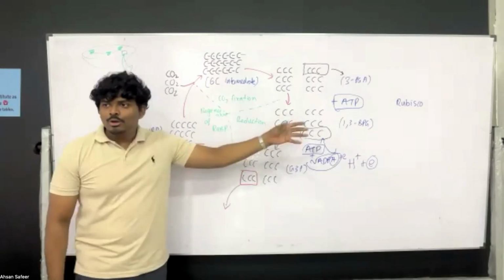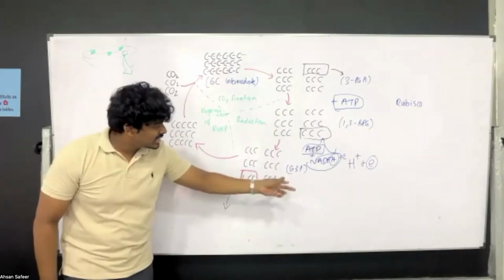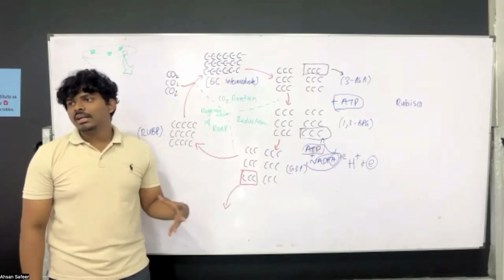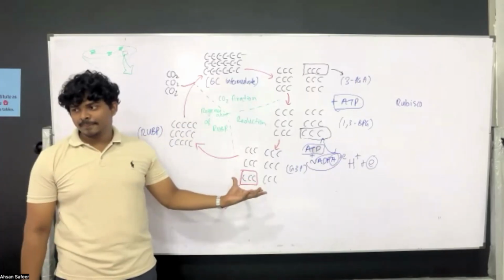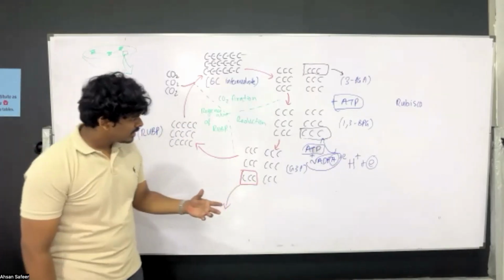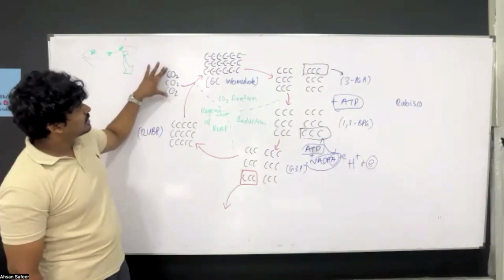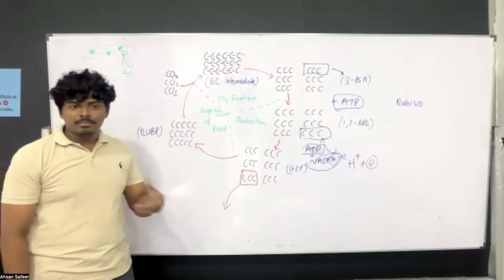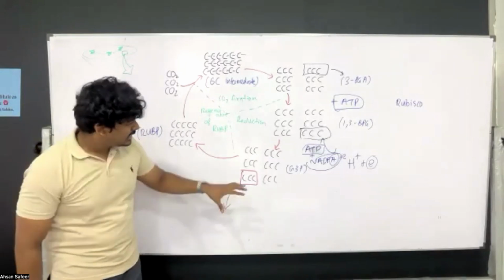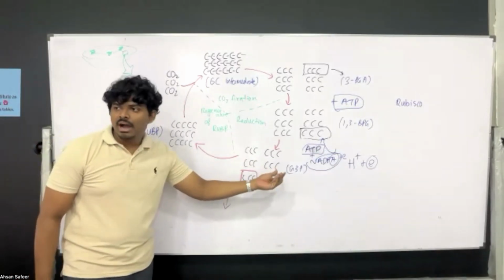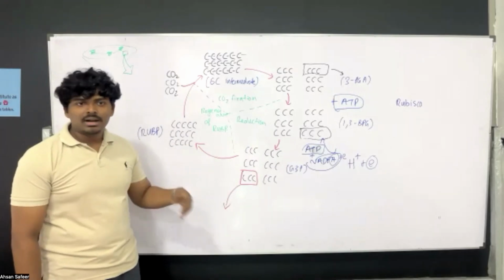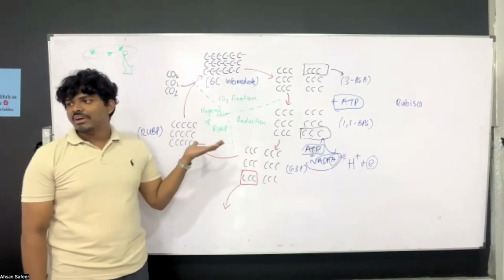So all these molecules will undergo reduction, which will give rise to 6 glyceraldehyde 3-phosphate molecules. Now I will tell you why I have drawn 6. We started with 3 RuBPs. There is a point in the resource book that says the glyceraldehyde 3-phosphate, after some is given off, will regenerate RuBP. But 3 carbon cannot become 5 carbon.